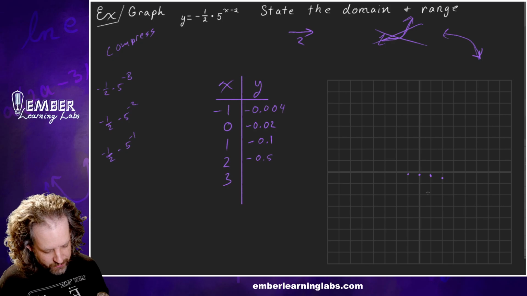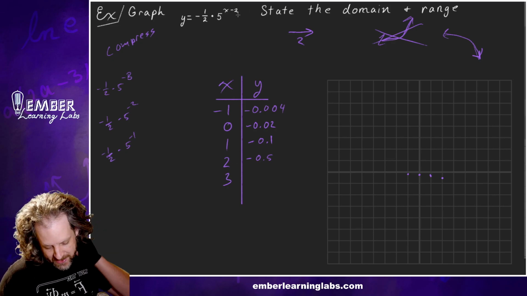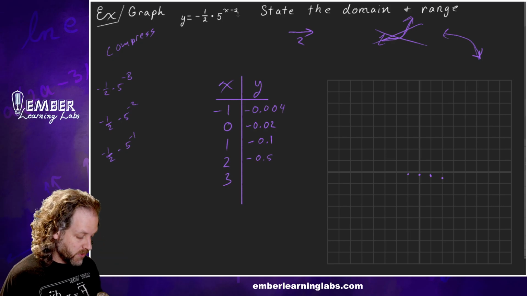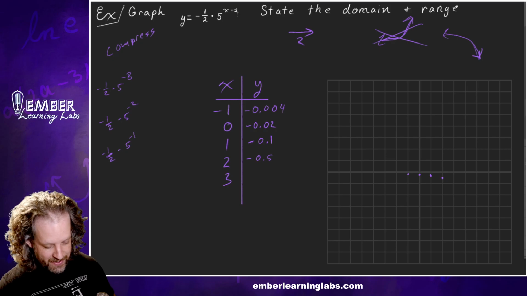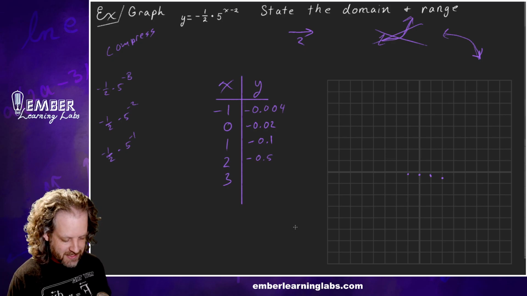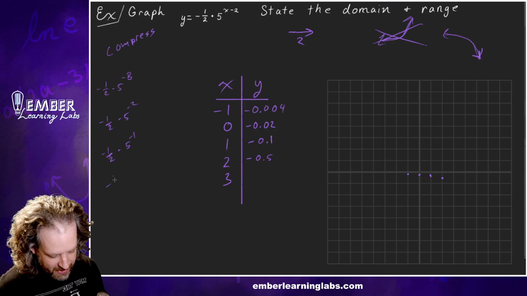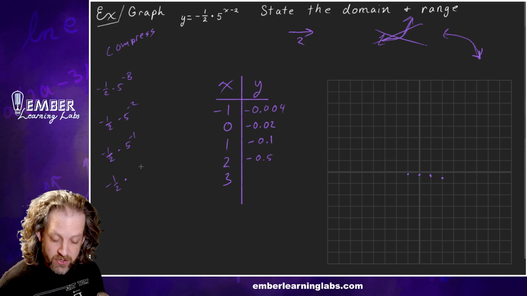And then 3, let's put a 3 in there. My instincts were good that we wanted to go ahead and add another number or two in here. So negative 1/2 times 5 to the 3 minus 2, which is 1.